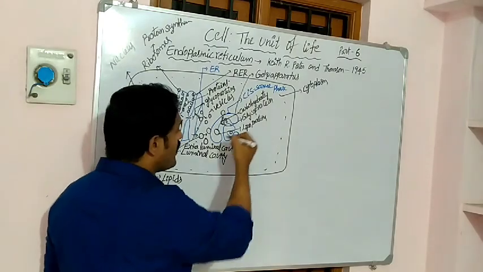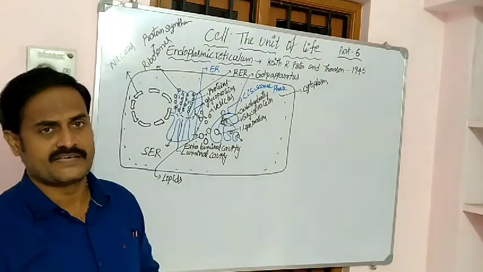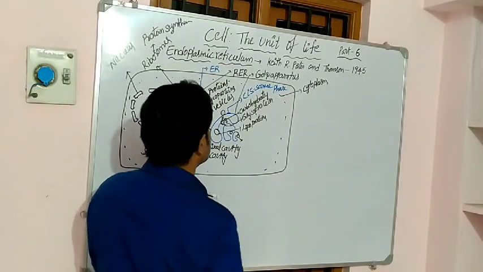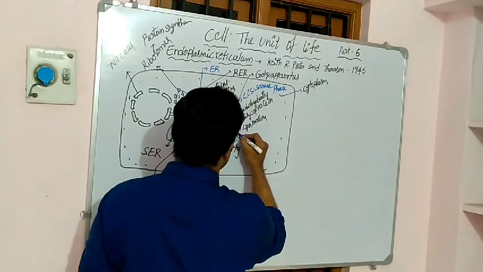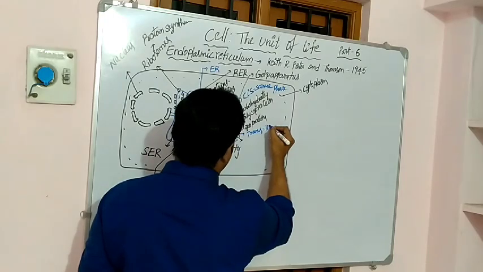The area where the modified proteins are released from the Golgi complex is called trans. Trans means different.